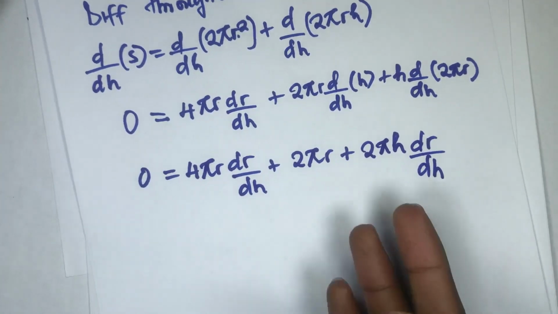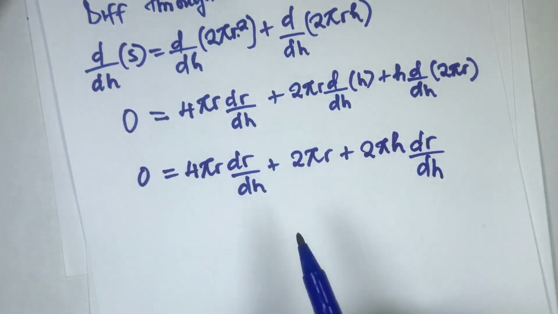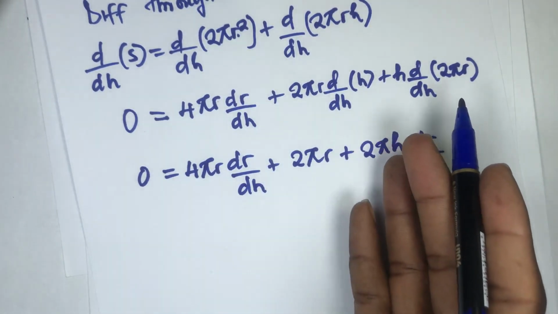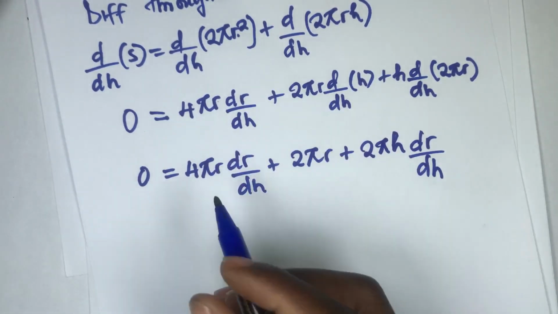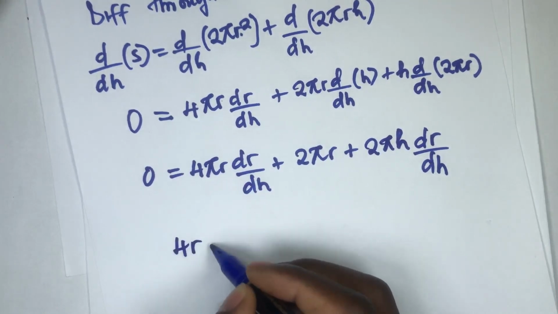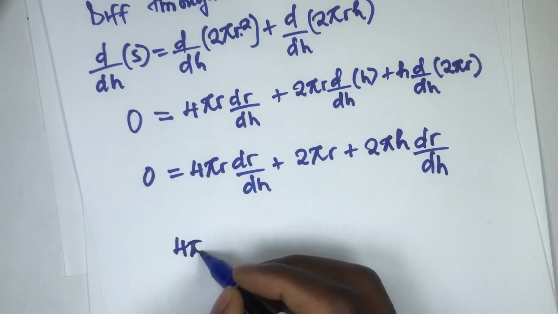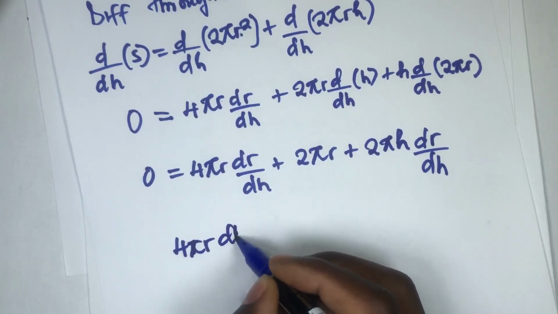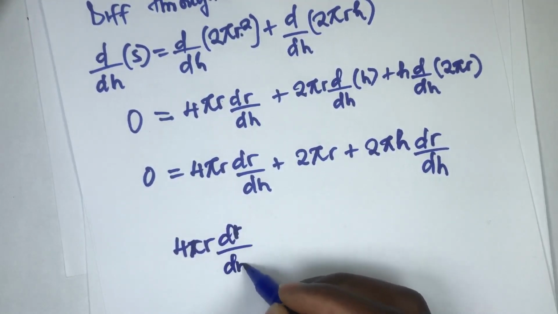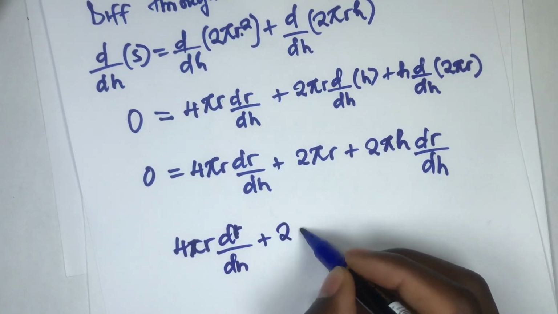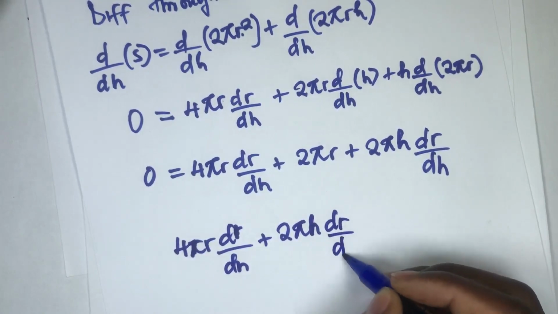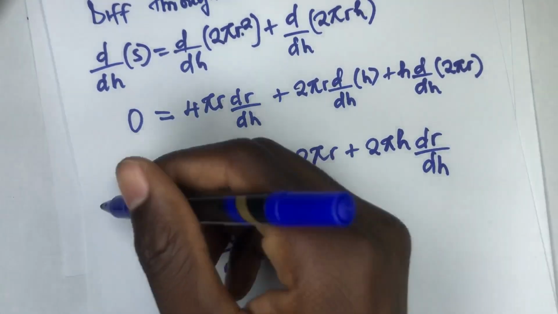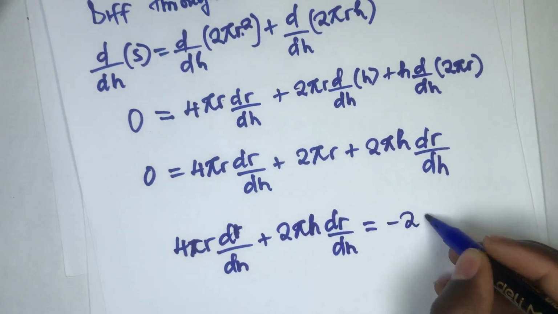The only thing that remains is that the question requires us to find dr/dh. So we group everything that has dr/dh on one side, and this term crosses the equal sign. So we have 4 pi r dr/dh plus 2 pi h dr/dh equal to, when this crosses the equal sign, negative 2 pi r.